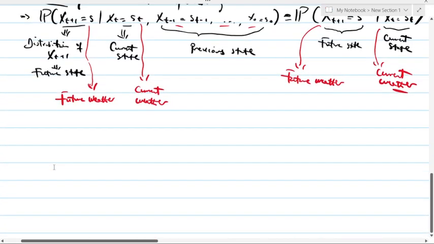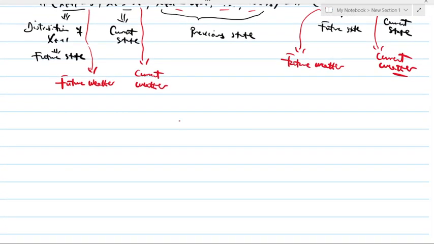So lastly, let us now define Markov chain.